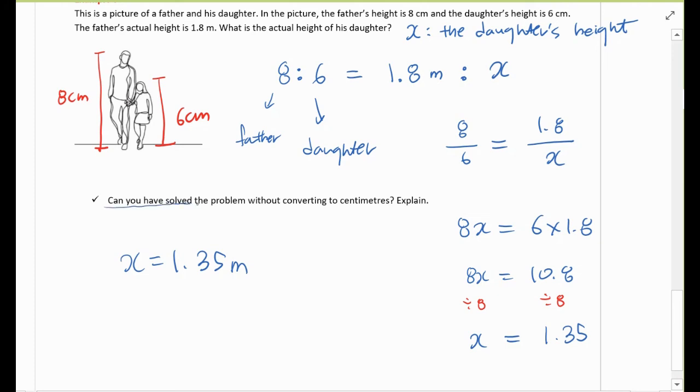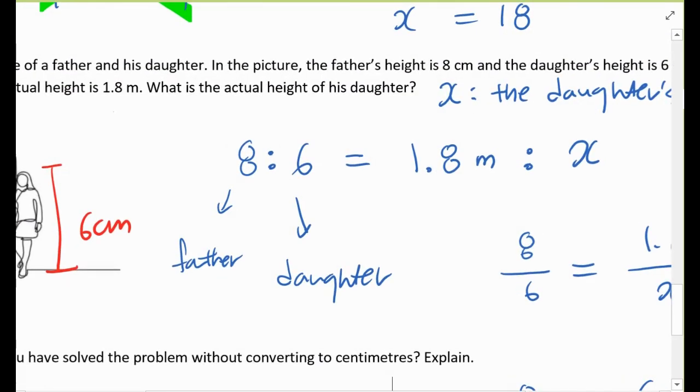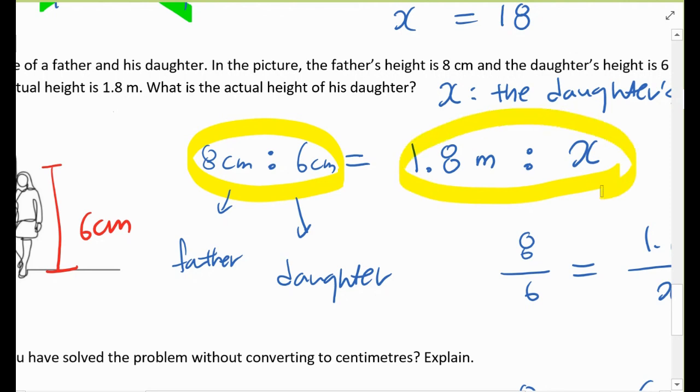Could you have solved the problem without converting to centimeters? Explain. We actually did not match the units. 8 is in centimeters and 6 is in centimeters, right? So we just use 8 centimeters to 6 centimeters, and here we used meters.